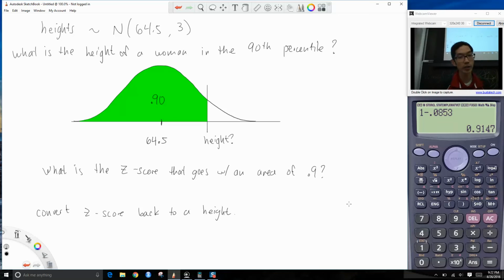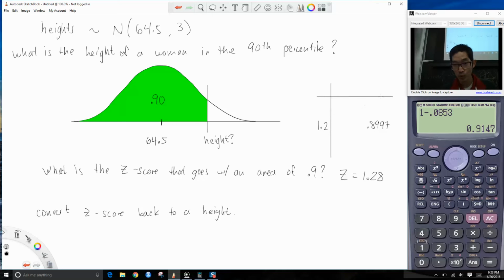Okay, do we have an answer for z? What do we have? I'm getting z is equal to 1.28 for here. I think if I look this up in the table, at 1.28 I have 0.8997, which is the closest I can get to 90%.